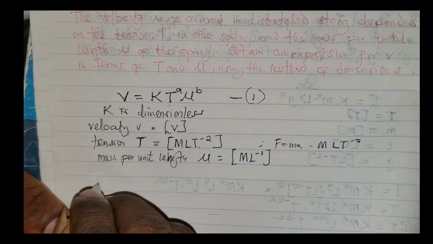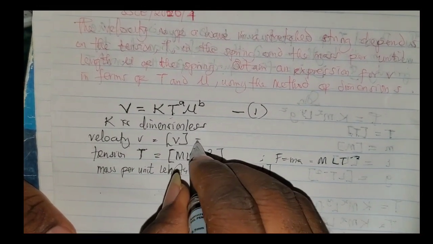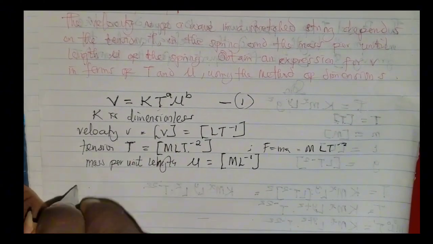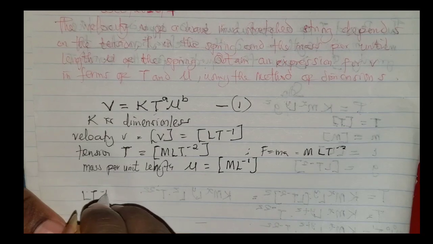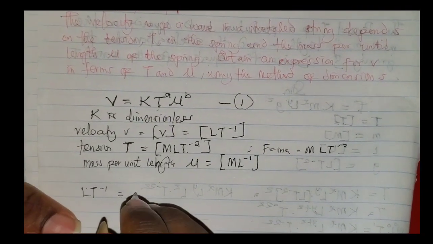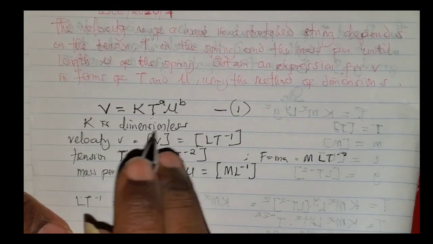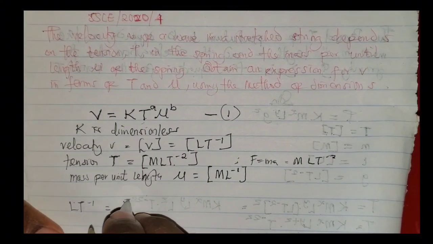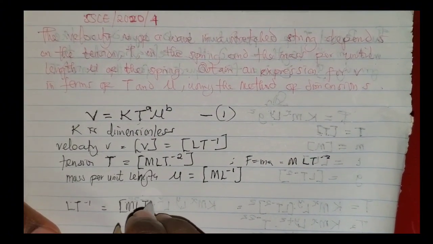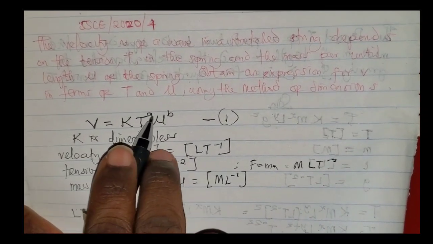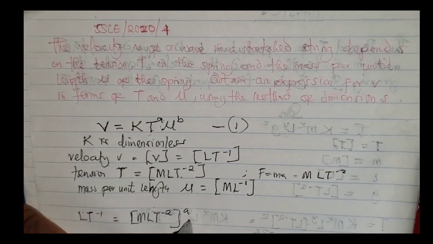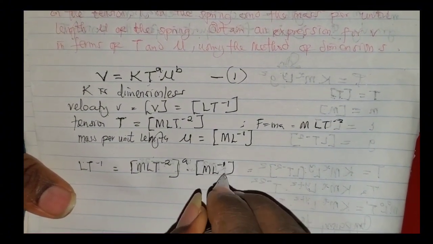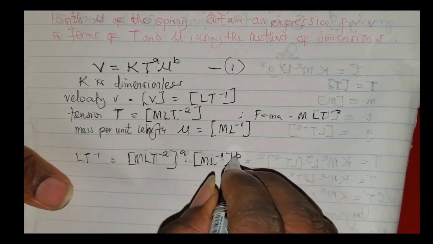We have v, velocity, is LT^-1, so we put that into LT^-1 equals K. We leave out K for now since it's dimensionless. So we have tension, MLT^-2 raised to power a, then for mu, mass per unit length, ML^-1 raised to power b.